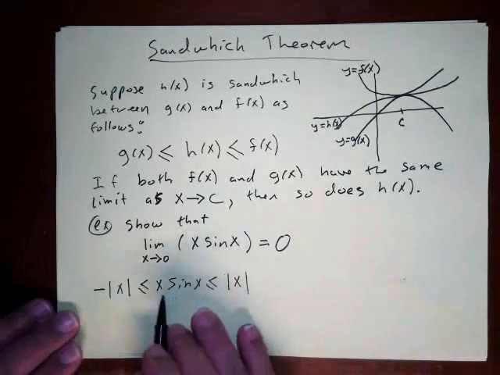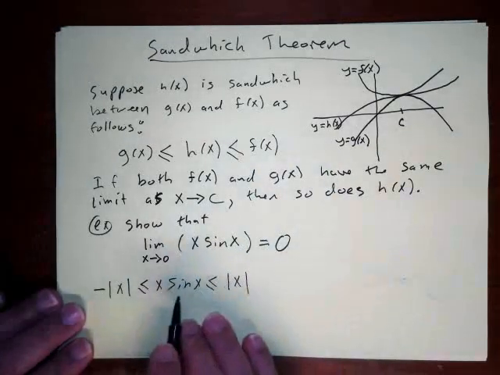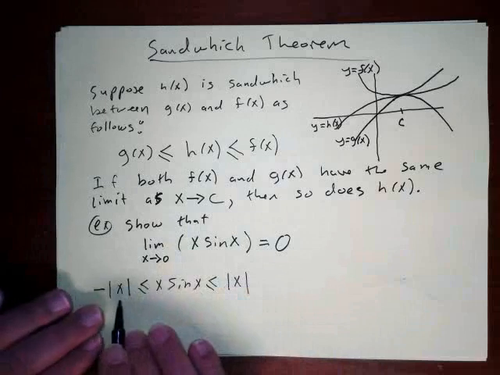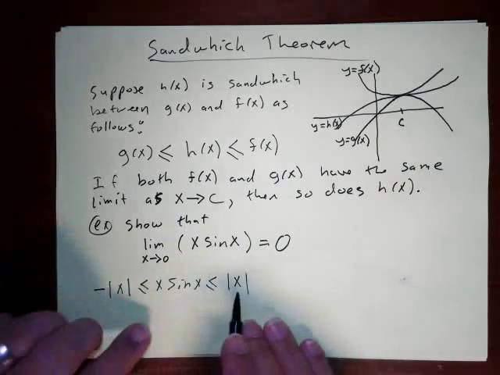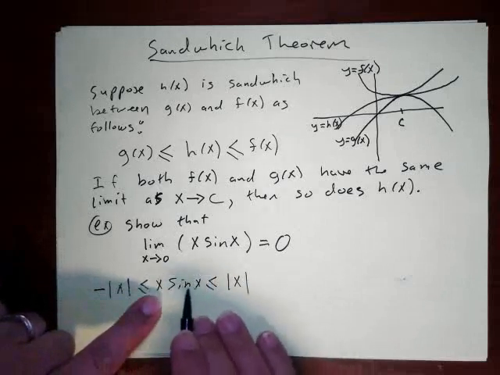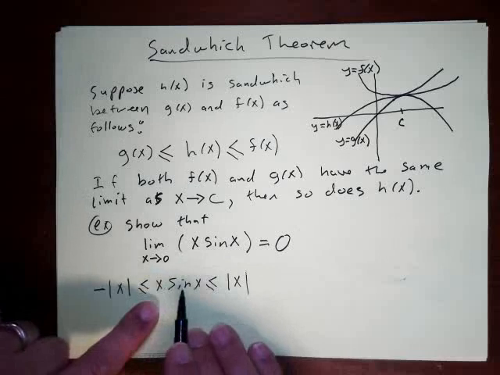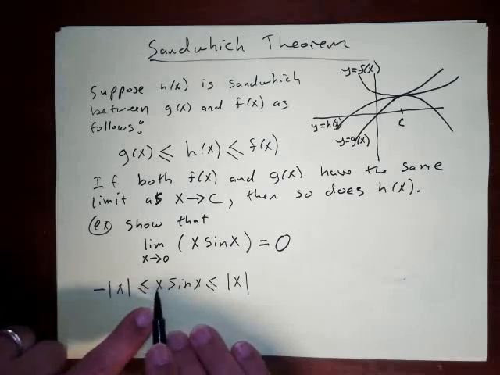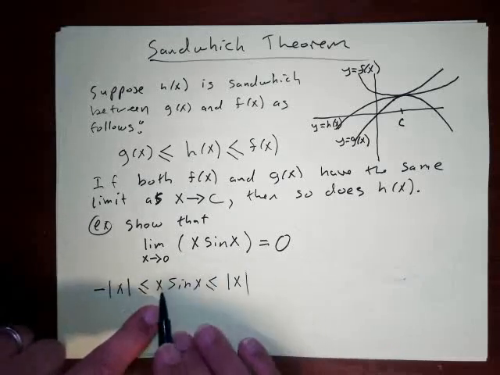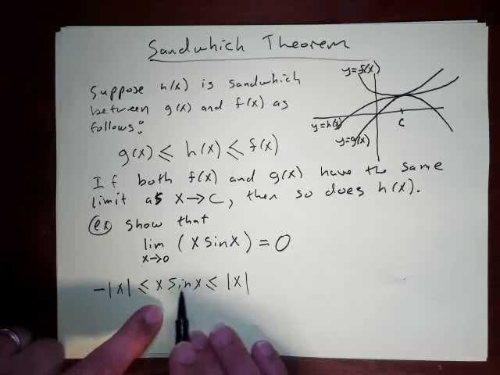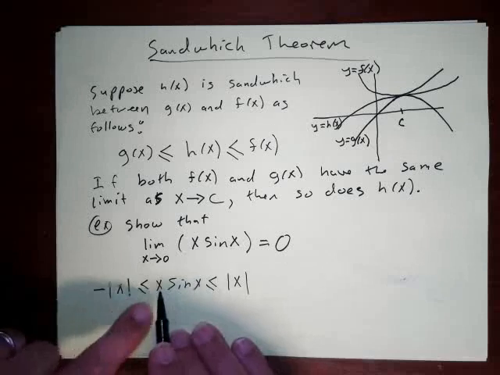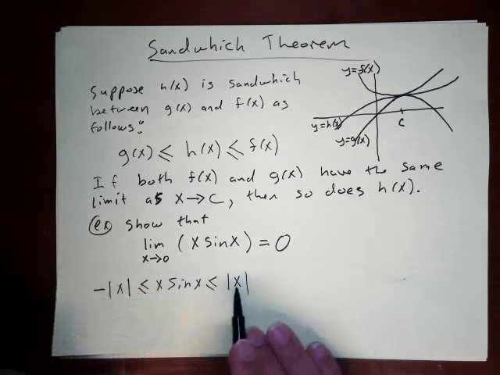This is going to be sandwiched between these two because this is always equal to negative x, this will be equal to positive x, and sine of x is always between negative 1 and 1. If it's negative 1 or 1, that's as big as this is going to be, which is going to be equal to x, and any other value is going to be smaller than x.